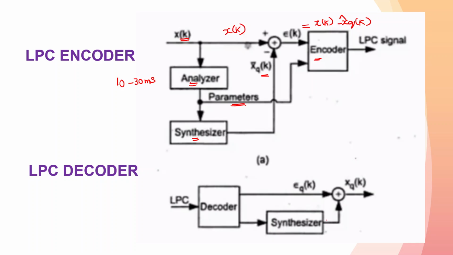The synthesizer block produces a synthesized sequence that is represented by x cap of n. The output of the synthesizer block is added to the error signal e of n, which gives you x q of k, that is nothing but e q of k plus x cap of n.